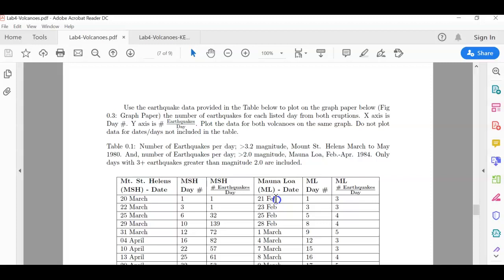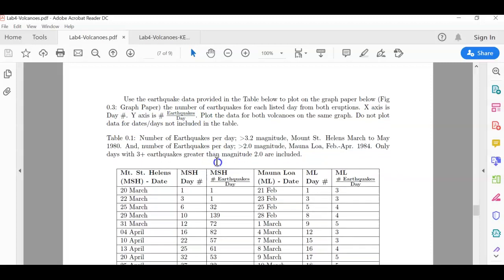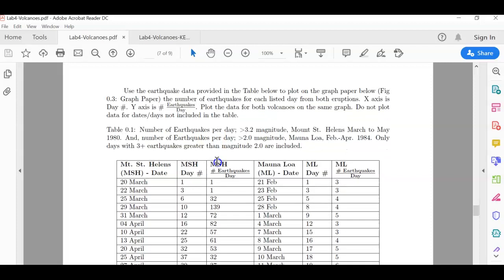Those eruptions being Mount St. Helens and Mauna Loa. Okay? So, in your graph paper, you're going to have the x-axis be the day number, and then the y-axis be the earthquakes per day. I'll go through that with you.